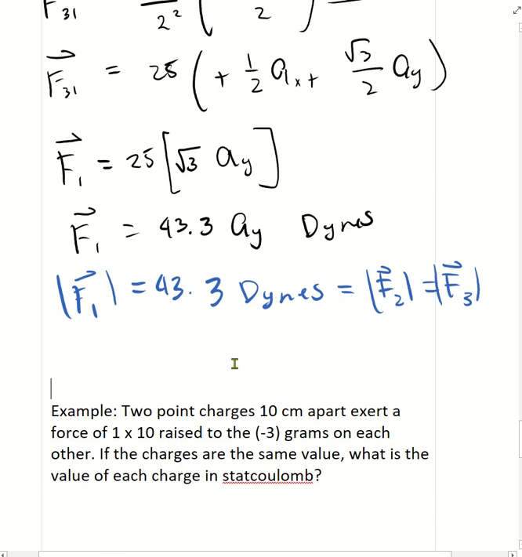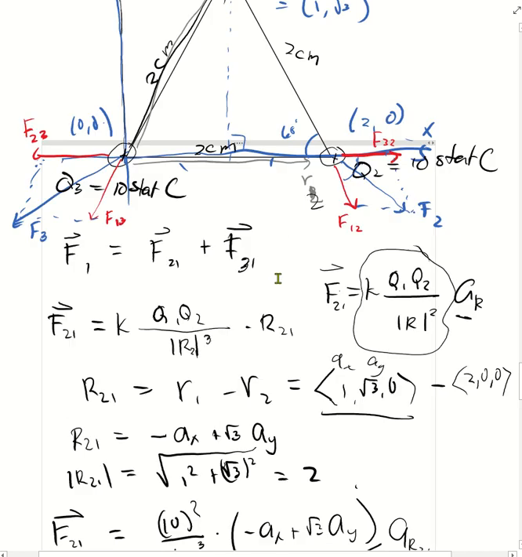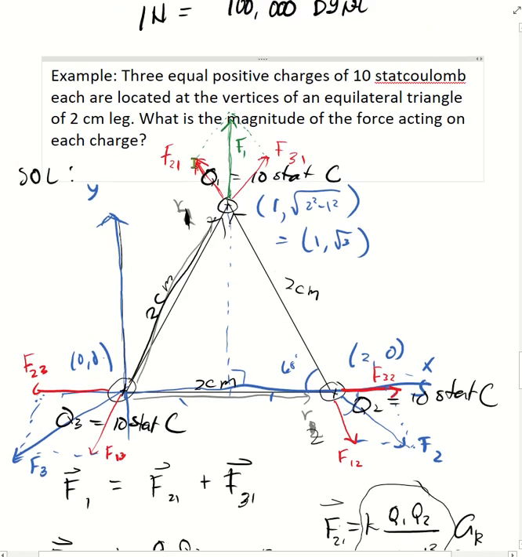The shortcut is you just use F1 is equal to, here you have F21 is 25, and the angle here, because that is 60 degrees, the angle here is 180 minus 60, that is 90 plus 30, 120 degrees.